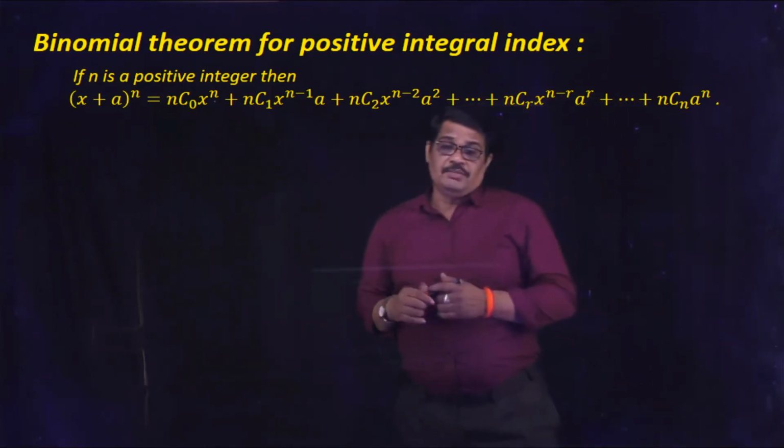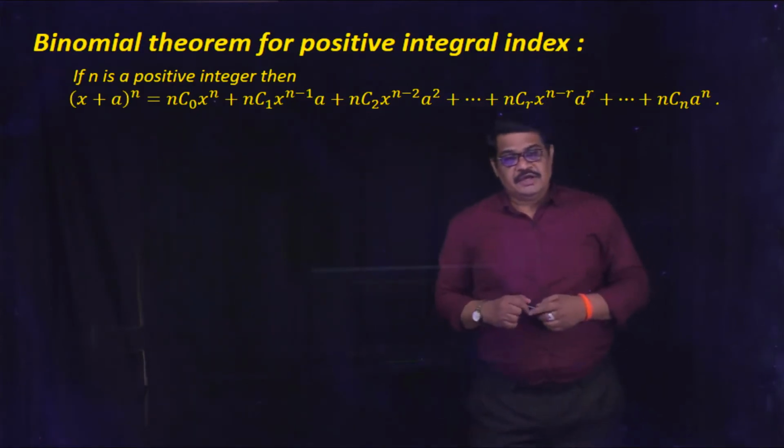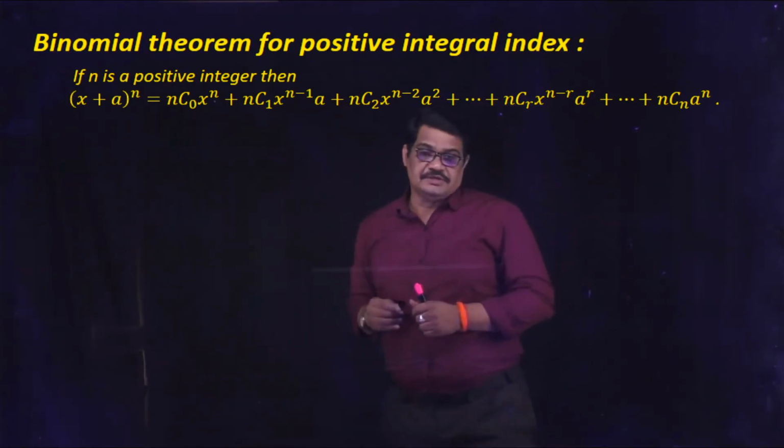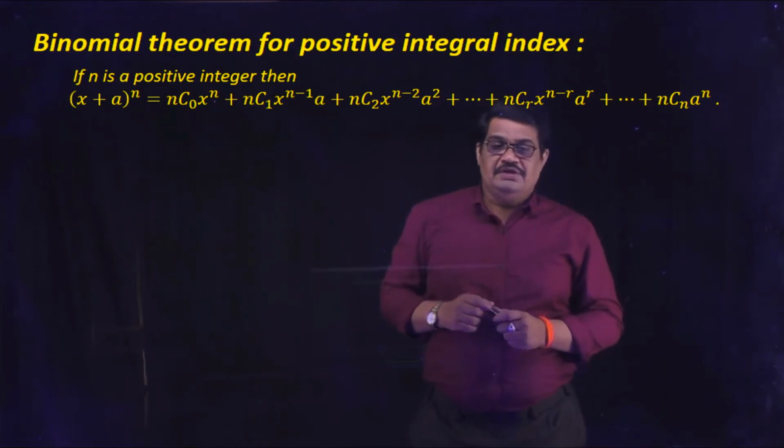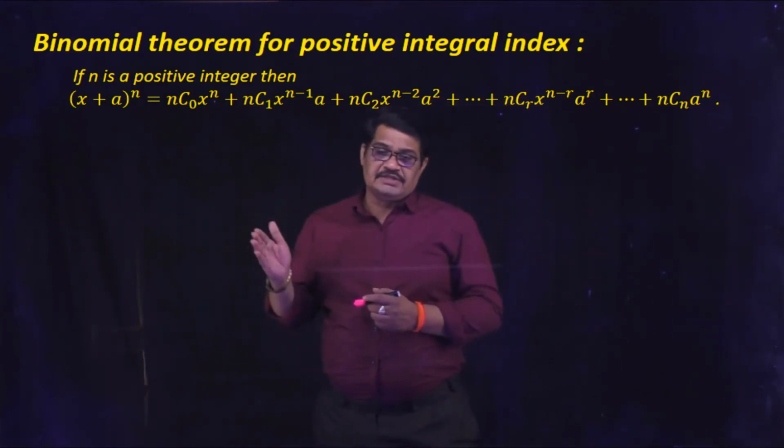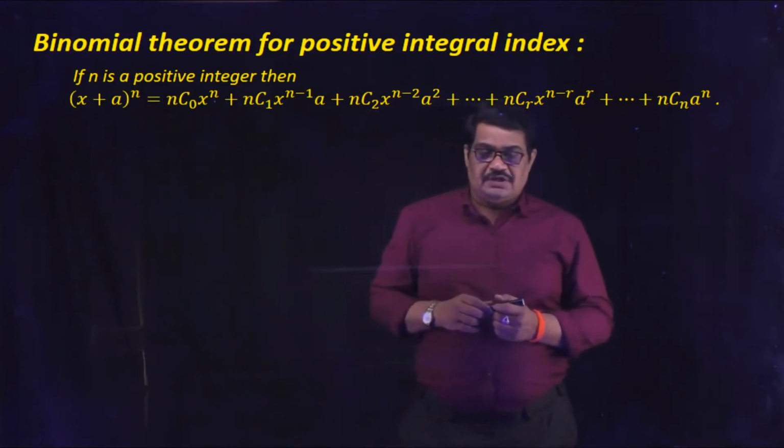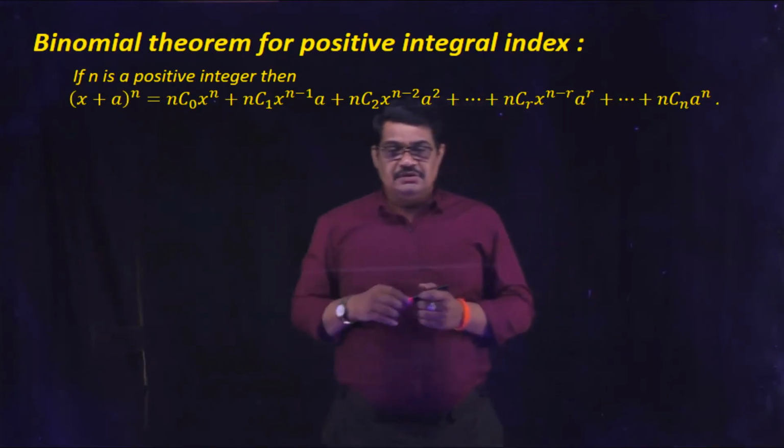That is the binomial expansion. Here the index is a positive integral value, n is a positive integer, so the expansion is this one.